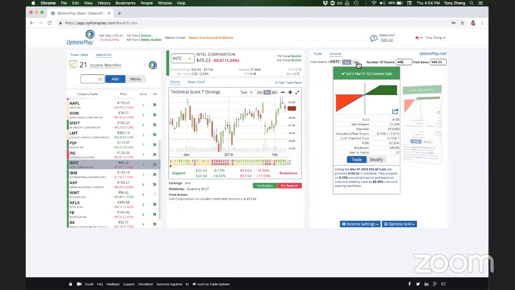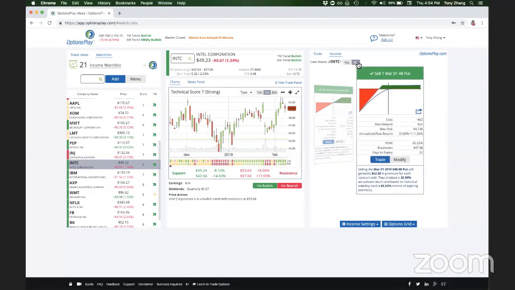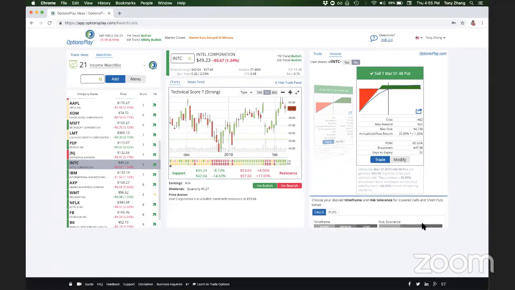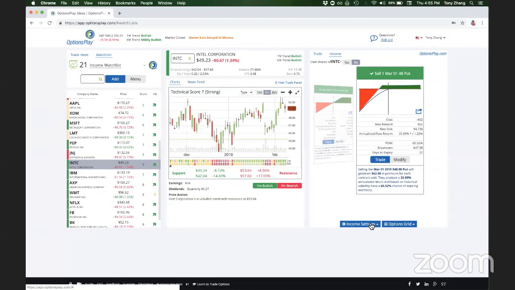And for those of you that are looking to sell cash secured puts, you click on the no side and it will spit out the cash secured put based on your income settings, which you can view here at the bottom. Again, for those of you that are brand new to Options Play, make sure that when you first utilize the income tab, you use the income settings and set those settings, because once you do that, every single strategy that we show you under the income tab will be based on your personalized needs.